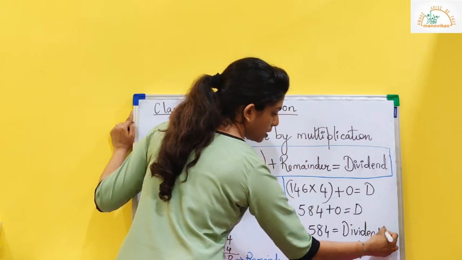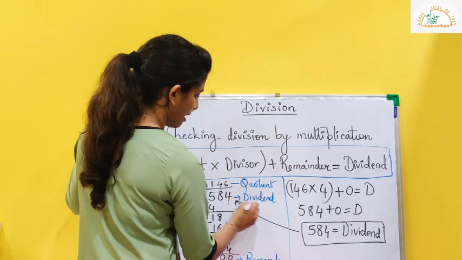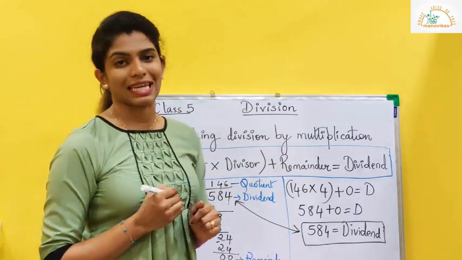So here the dividend is 584, and we also have 584, that means the sum is correct.